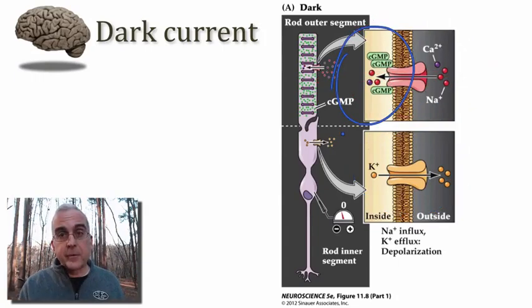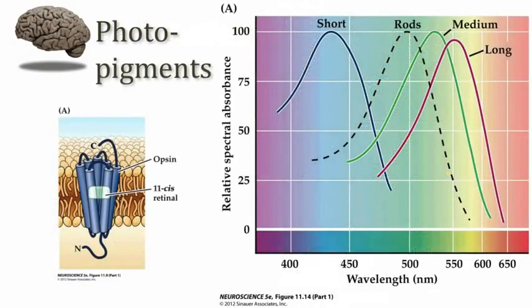Now, the process of phototransduction requires the interaction of a photon of light with a photopigment. And the photopigment is a complex molecule which consists of an opsin, which is a large protein structure that interacts with a smaller organic molecule called 11-cis-retinal. Now this opsin is actually going to be familiar to you because it is a member of this 7-transmembrane protein family that we've encountered previously in this course.